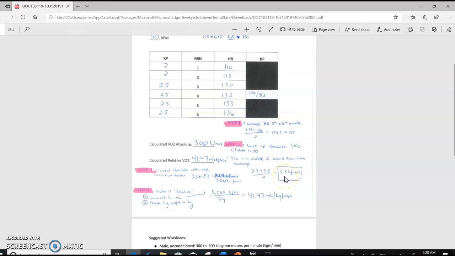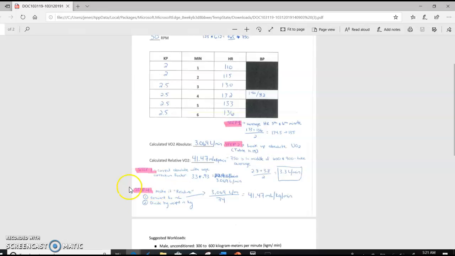So you take 3.3 and you multiply it times 0.93, and that gives you 3.069 liters of oxygen per minute. So basically it's saying as you get older, the age correction factor is going to bring the absolute oxygen usage down to correct for the process that occurs with age.